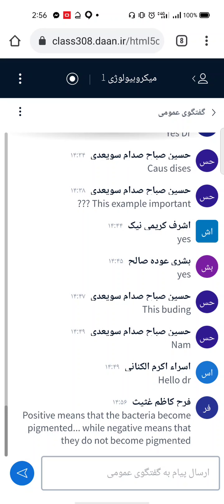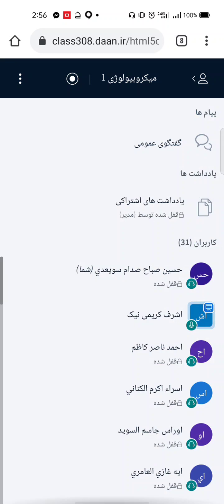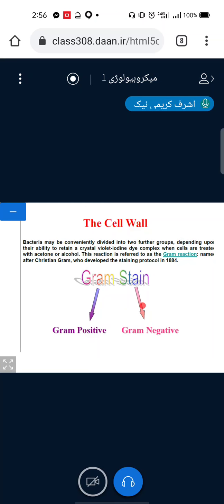This is about the method of staining, which I will explain. This reaction is referred to as the Gram reaction, named after Christian Gram, who developed the staining protocol in 1884.